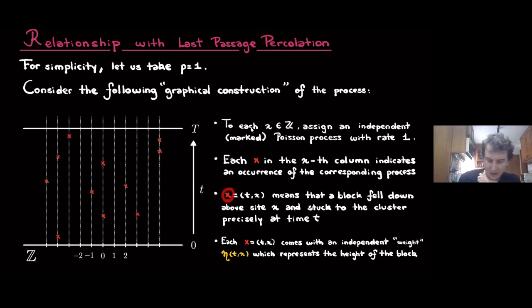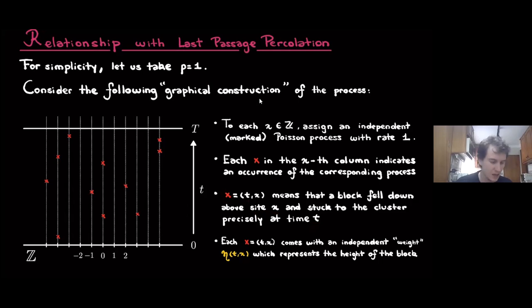A red cross at some point (t, x) of the plane represents the fact that above site x, a block is falling down and sticking to the cluster of blocks exactly at time t. So these red crosses tell me when and where each of these blocks are falling.